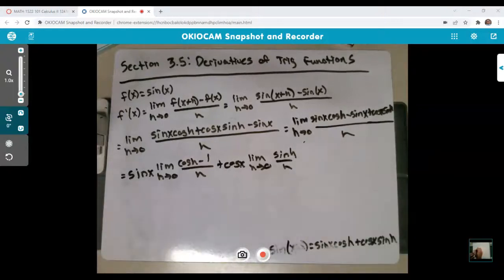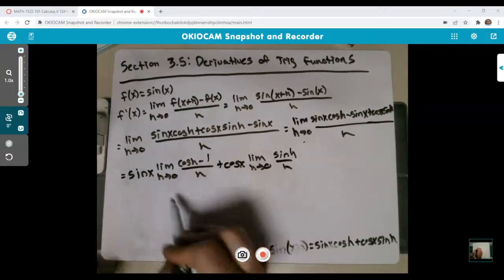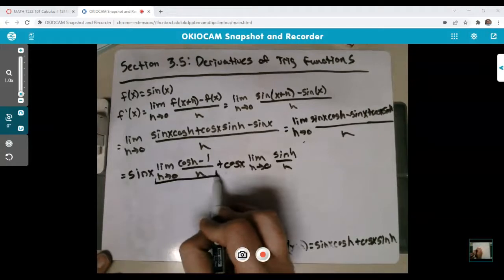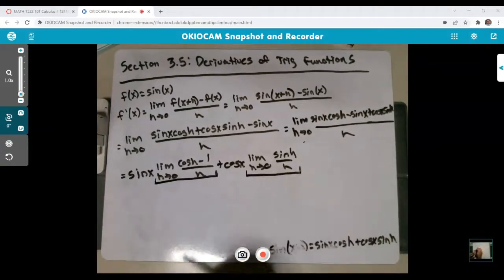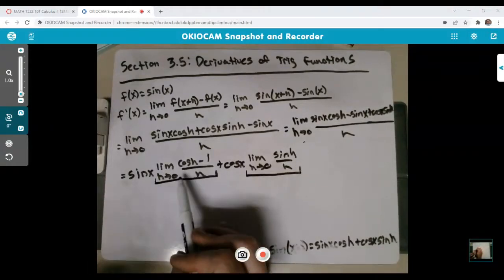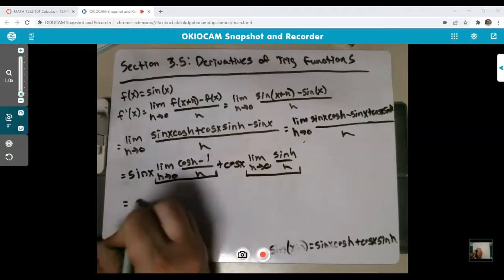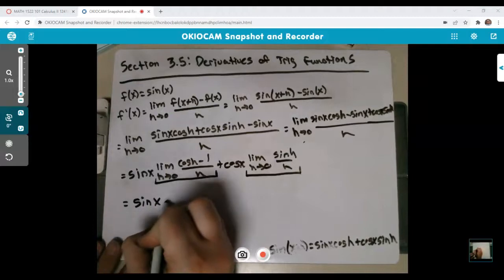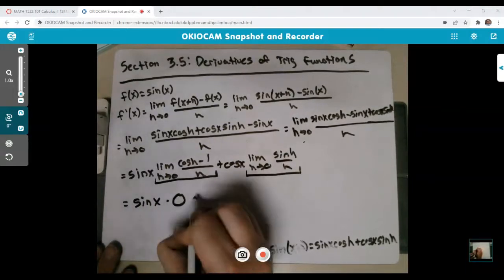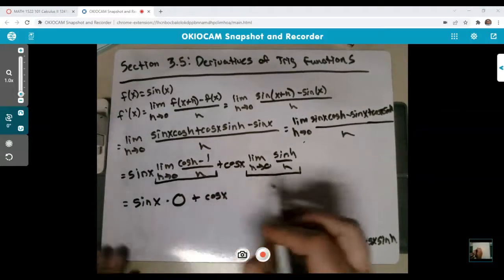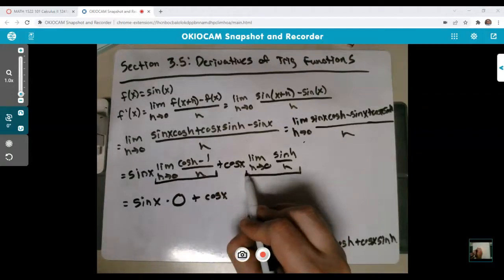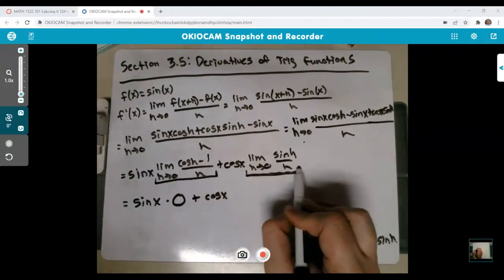Well, the great thing about that is both of these we actually did in Chapter 2. In Chapter 2, we said the limit as h goes to 0 of cosine of h minus 1 over h was 0, so that's sine of x times 0, plus cosine of x times, whenever we did this in Chapter 2, we said that was equal to 1.